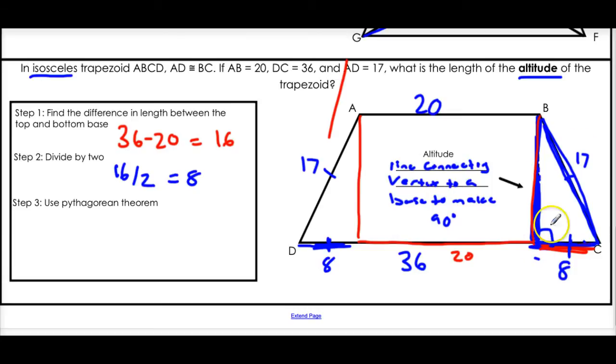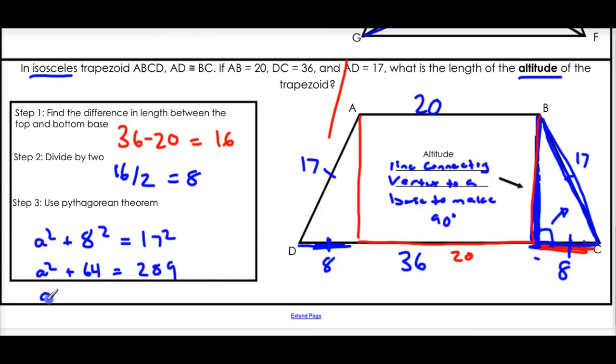And now I have two sides of my right triangle. Well, 17 is the hypotenuse because it's opposite the 90-degree angle, and now I just plug in. I'm missing one leg, so it's a squared plus b squared, which is 8 squared, equals c squared, which is 17 squared. a squared plus 64 is equal to 289.